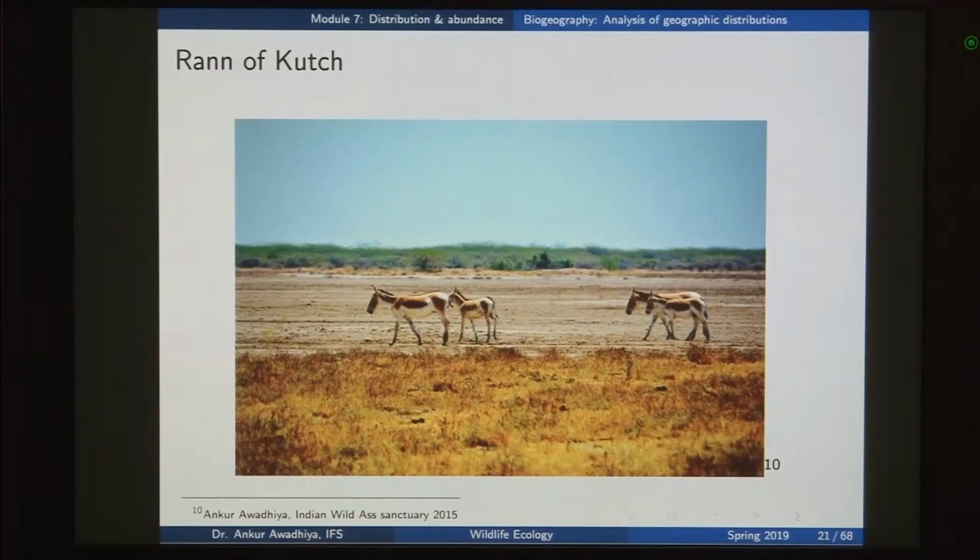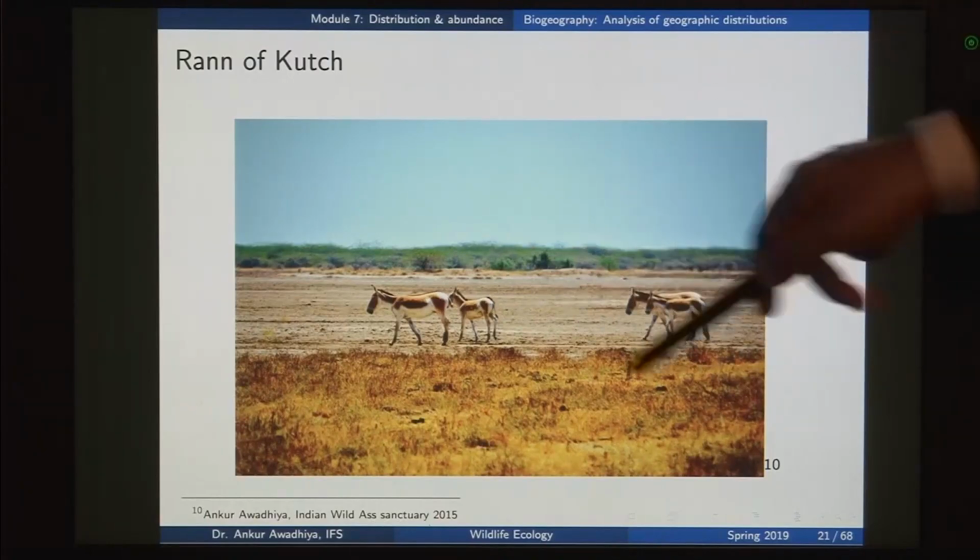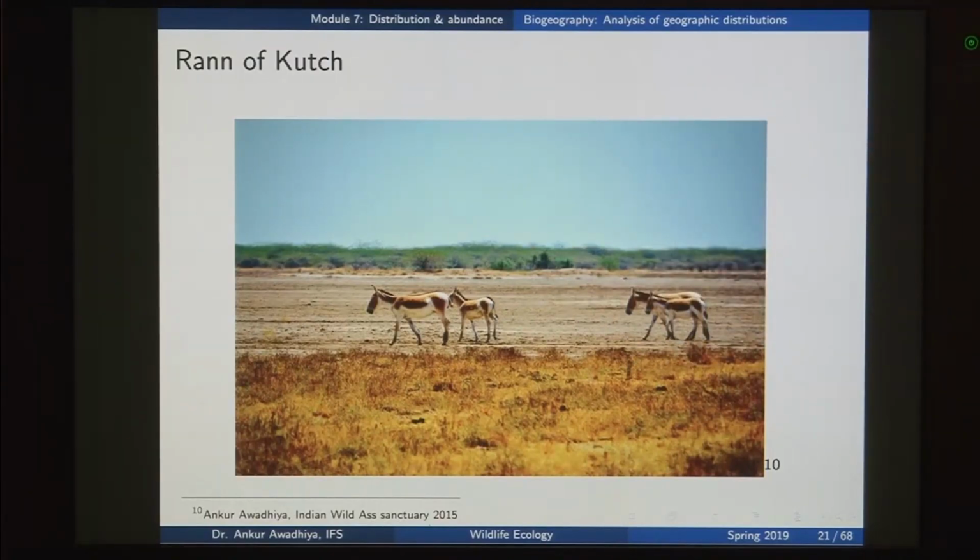Now, the wild asses that are found in this area are adapted to these dry conditions. So, they do not require a very large amount of water, plus they are able to feed on the native vegetation that is found in this area. So, this area cannot support other predators, and this area can support the wild asses, because of which you have the wild asses that are living in this area.